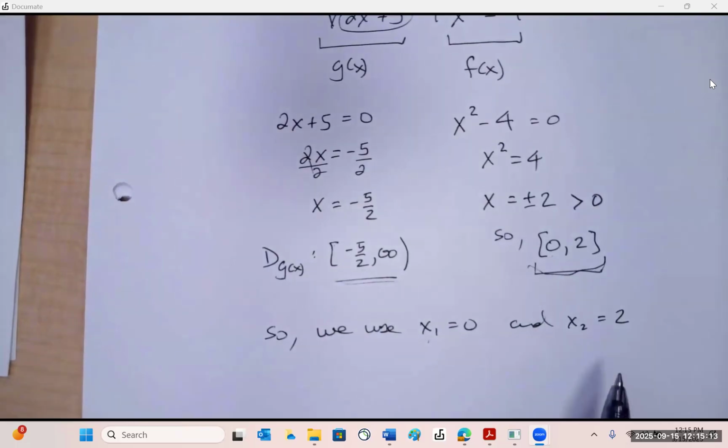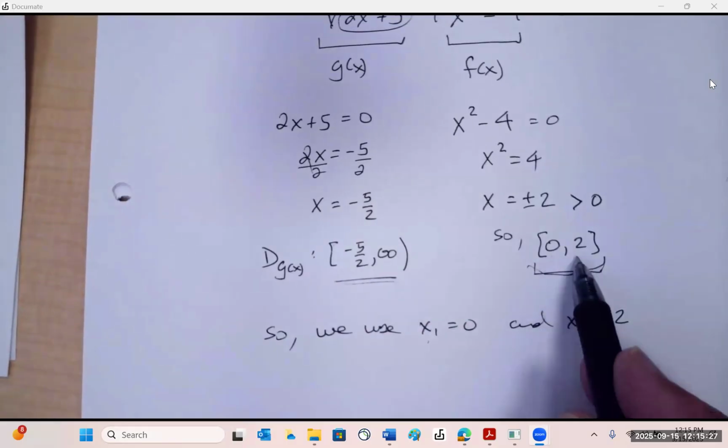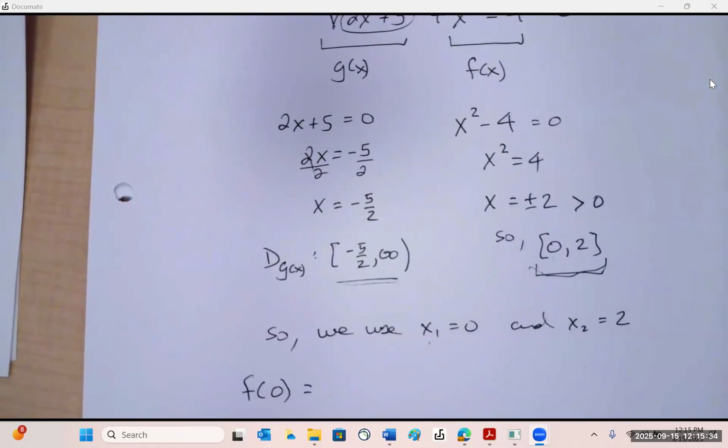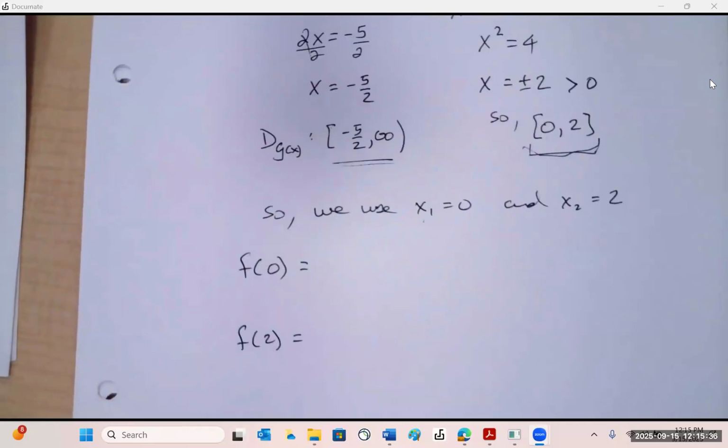Why do we do that? Because we needed an interval inside the bigger domain to check whether it has an x-intercept. How do we find that? Well, plug in the values and see if they have different signs.